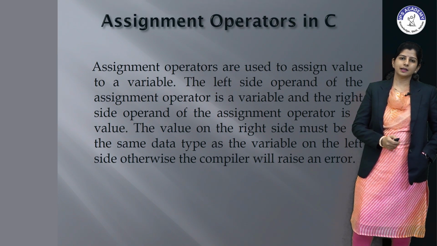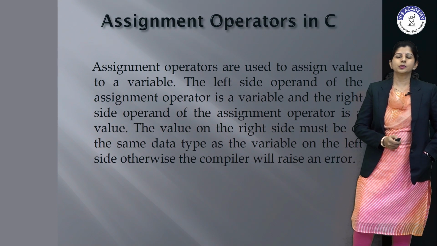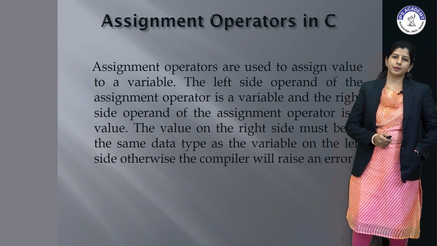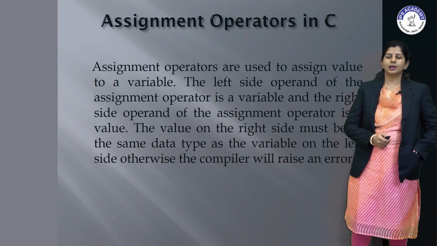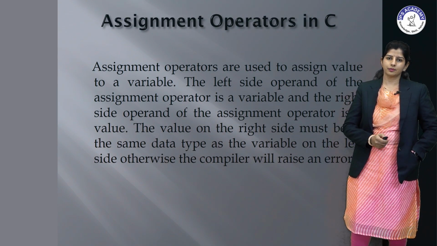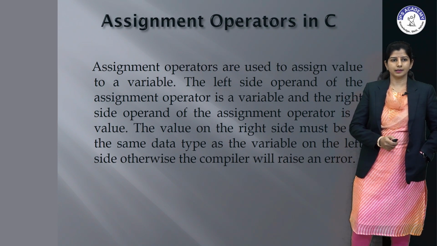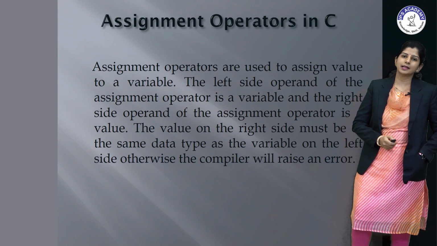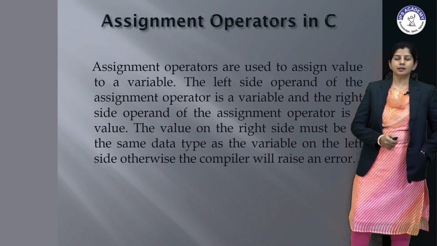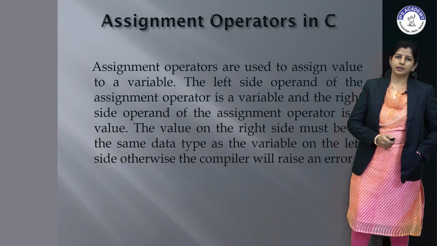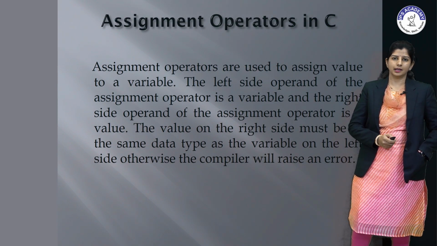Suppose the value of A is 10, I am using the addition operator, and the value of B is 5. That is 10 plus 5, and I am assigning it to C, that is 15. So the value is assigned to the operand on the left-hand side.